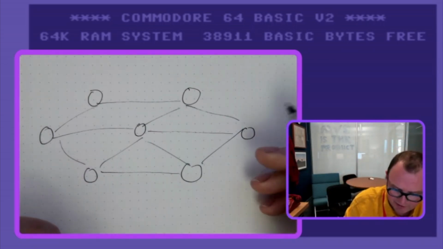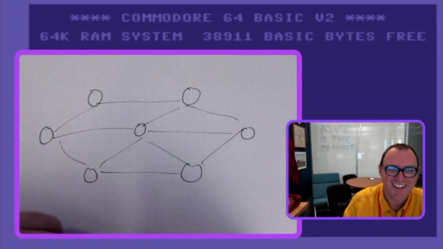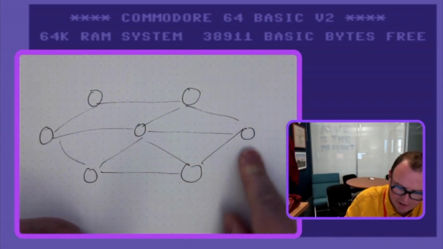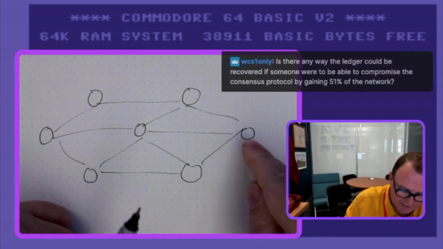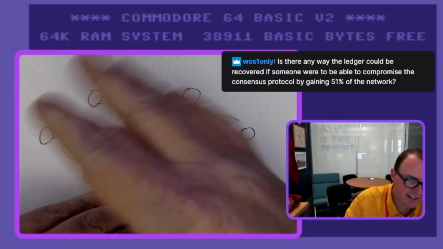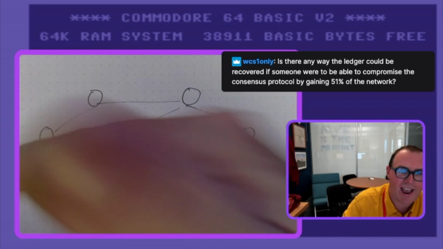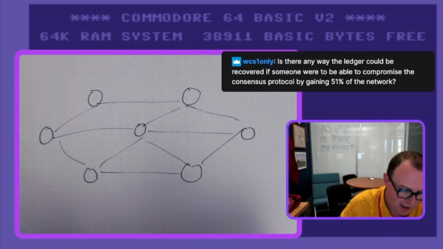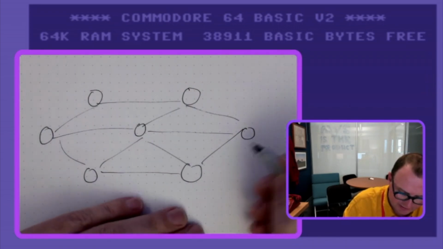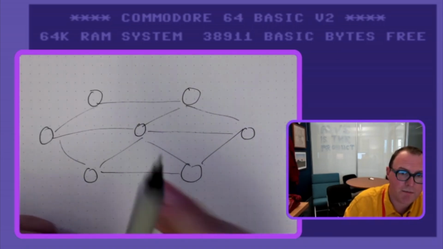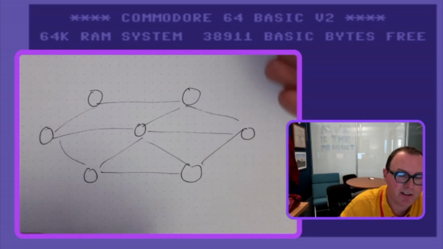And the reason it's called mining is because, in addition to sharing the ledger and the transactions that are on the ledger, these nodes are also trying to mine new cryptocurrency tokens.